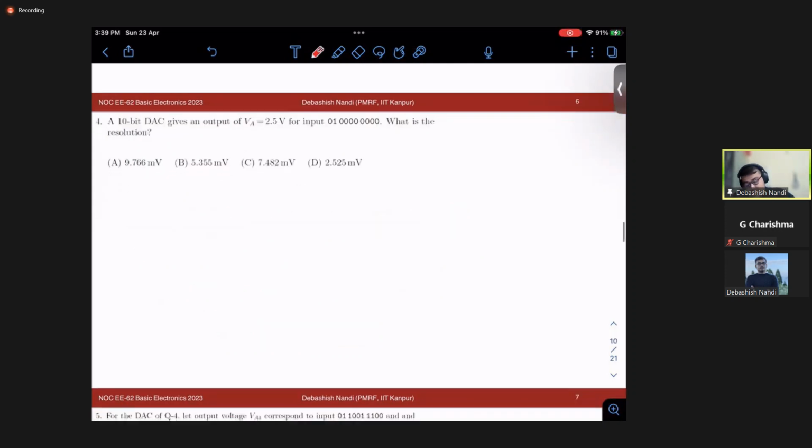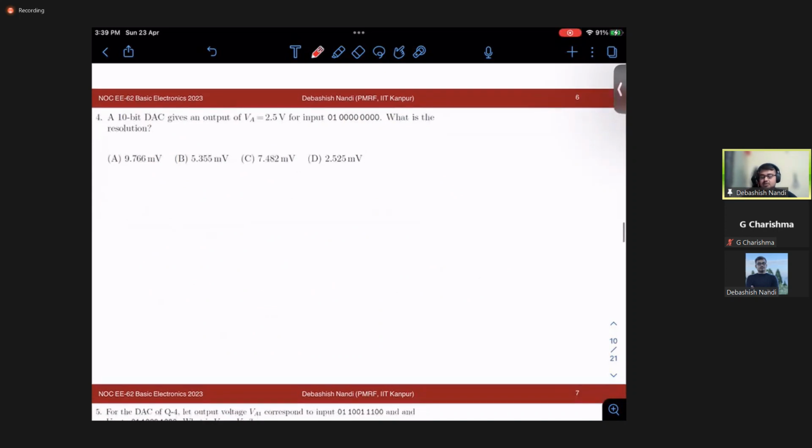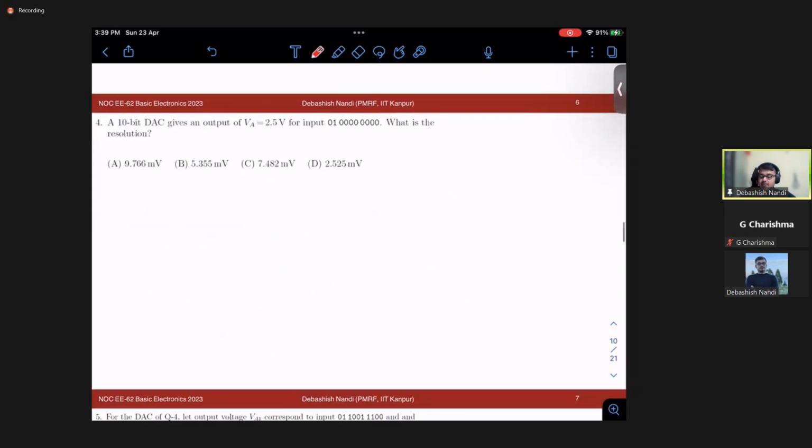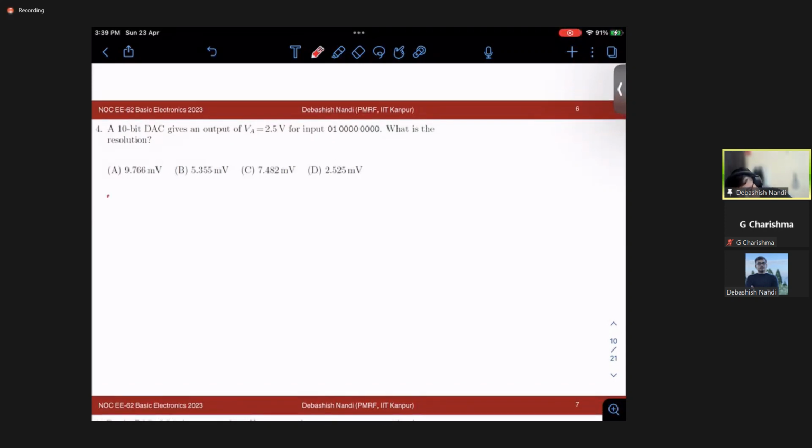So let's move on to the next problem. Okay. So a 10-bit DAC gives us an output of 2 VA equal to, okay, let me first tell you what a DAC is. Digital to analog converter.